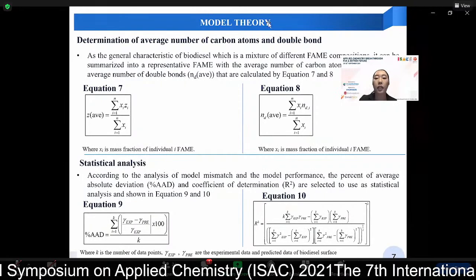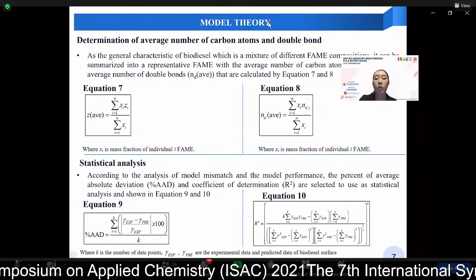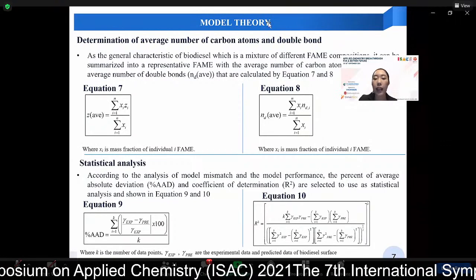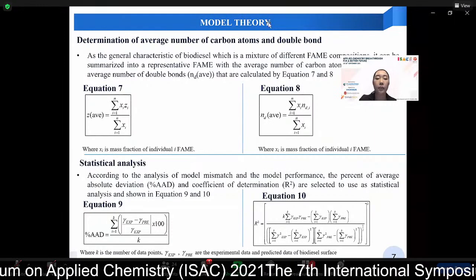Determination of average number of carbon atoms and statistical analysis as shown on slide in equation 9, 10, and equation 7 and 8 respectively.